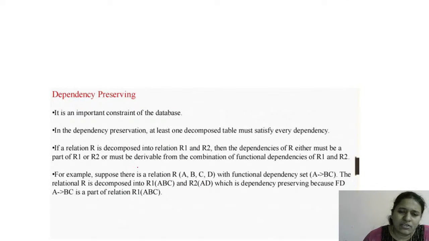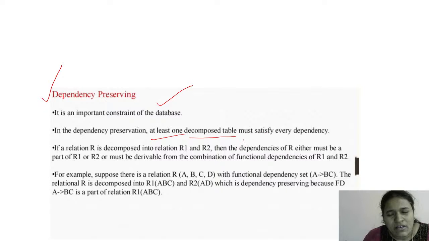Yeah, one more concept here is dependency preserving. What is dependency preserving? Dependency is an important constraint of the database. In dependency preservation, at least one decomposed table must satisfy every dependency. Whatever dependencies are there in the original relation, all those dependencies should come from the decomposed relations.